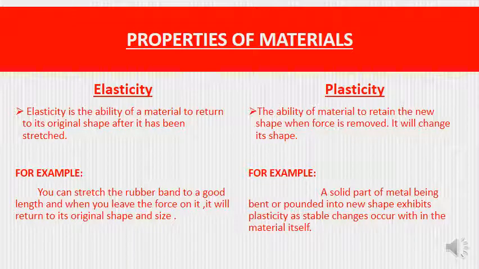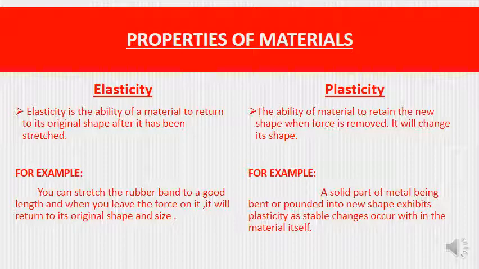Property number 3, elasticity. Elasticity is the ability of a material to return to its original shape after it has been stretched. Example, if we take a rubber band and stretch it with both our hands, it will become longer, but when we remove the pressure it will return to its original shape.